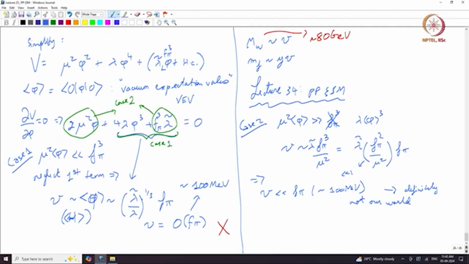Okay. So, then what other option do we have? This tells us that dynamical chiral symmetry breaking is not electroweak symmetry breaking in our world, which means we have to do something else.